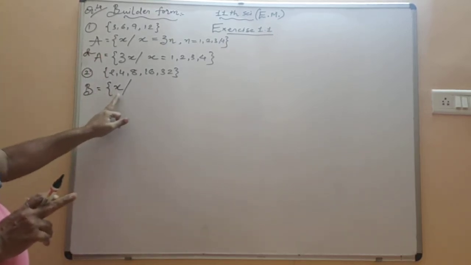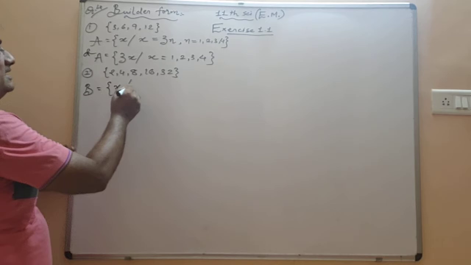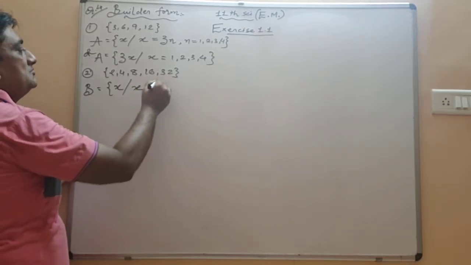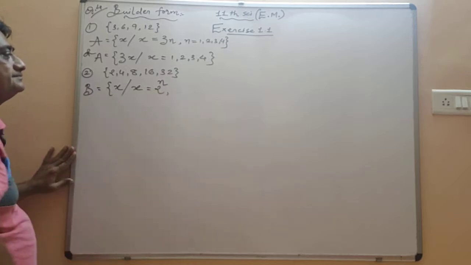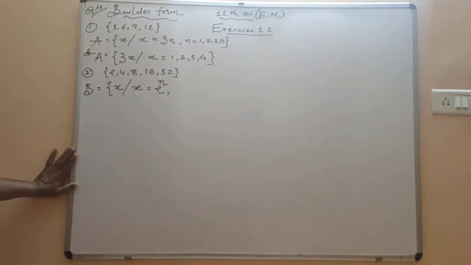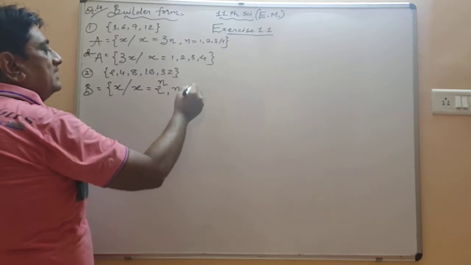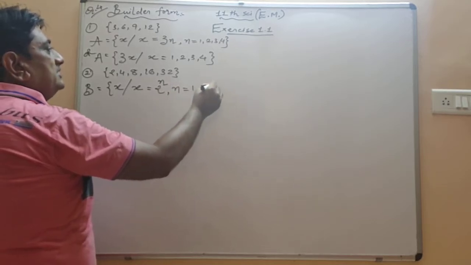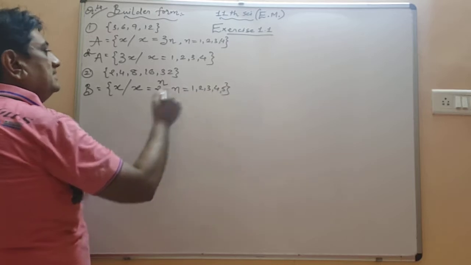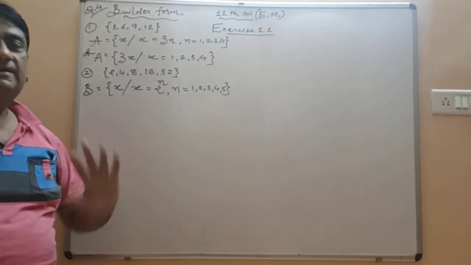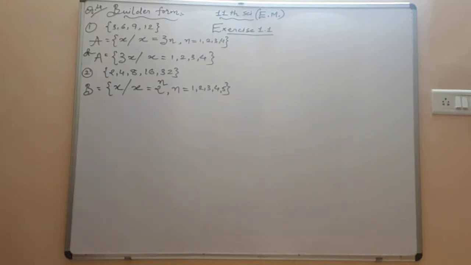So B is equal to x such that x is equal to 2 raised to n power. Now what is the n value? n value is 1, 2, 3, 4 and 5, all integers.